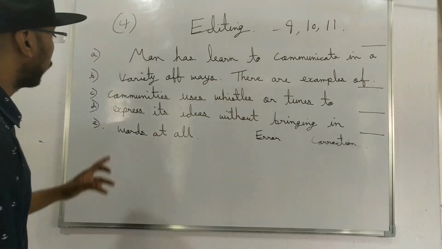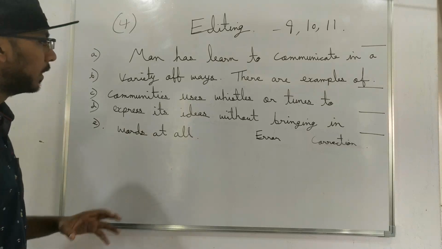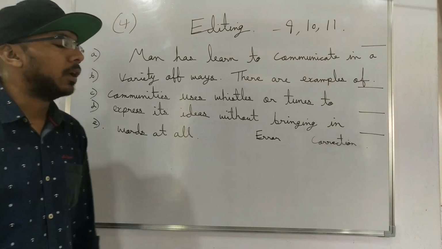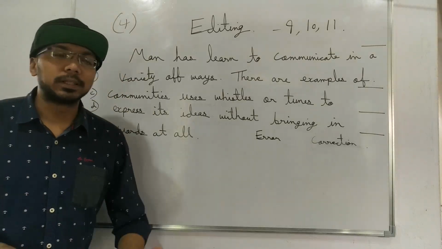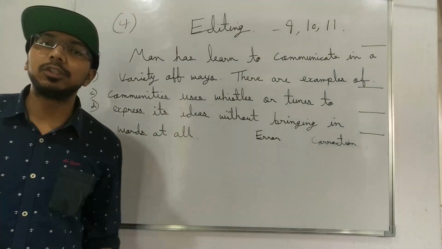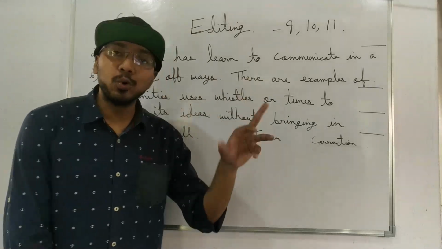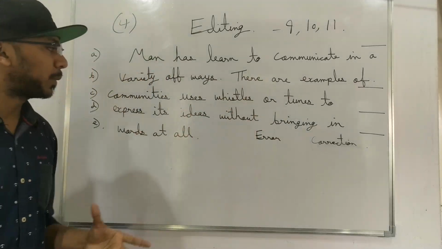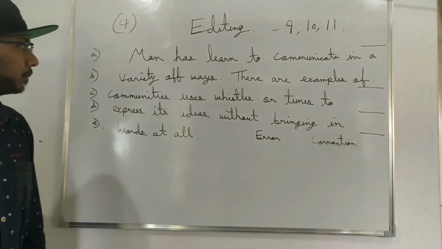There are examples of communities uses whistles or tunes to express its ideas without bringing in words at all. Not only through voice, they are saying that there have been examples where various communities of people used only whistles and tunes, musical tunes, to express the ideas without using the words. This is what it is saying.